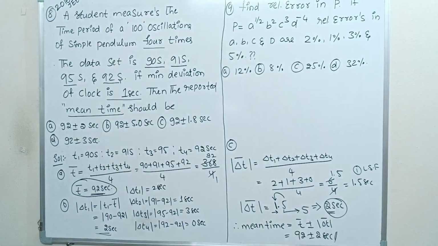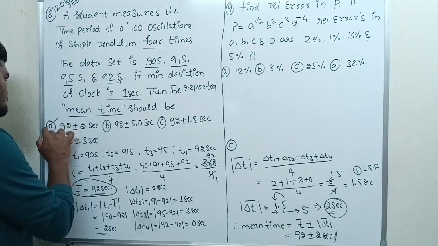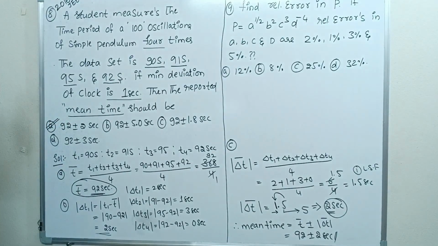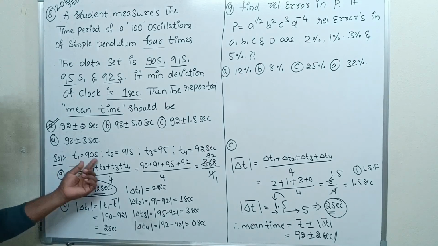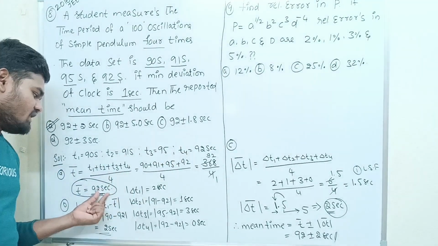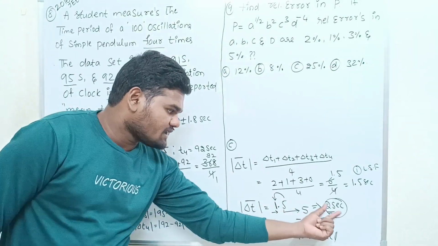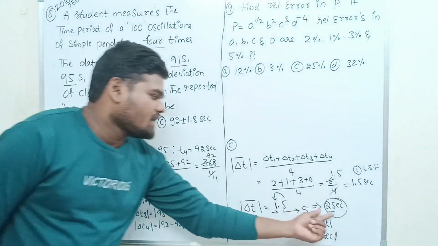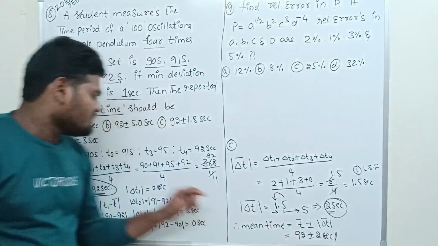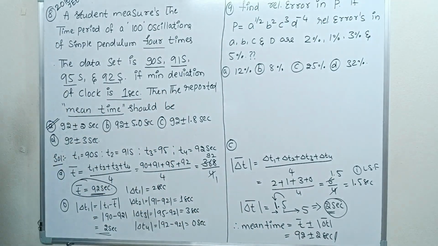Are you able to see the board? Okay, very good. So the option is A, the correct answer. So for T1, T2, T3, T4, we have to find the mean value, then find the mean absolute value, which is 2 seconds. The mean value plus or minus the mean absolute value gives the mean time. Is it clear?